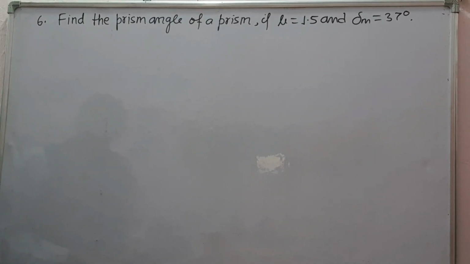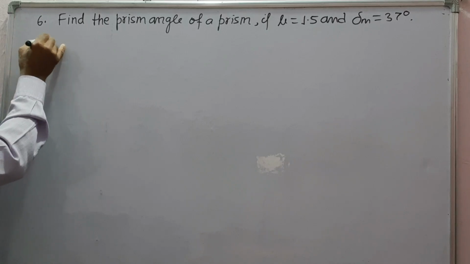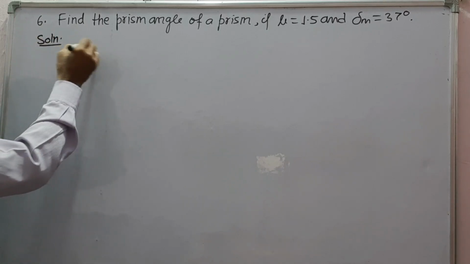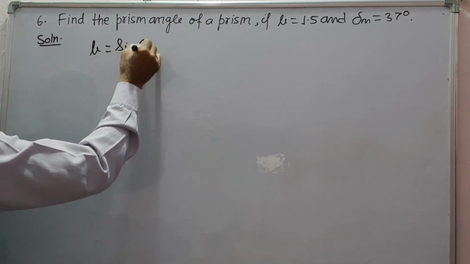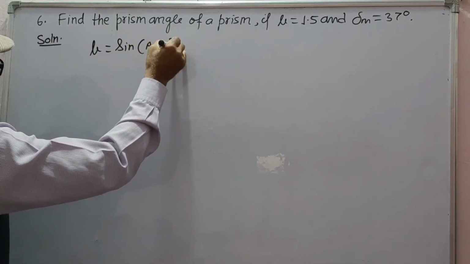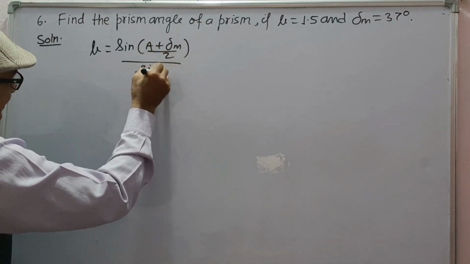Next, question number 6. Find the prism angle of a prism if refractive index mu is equal to 1.5 and the angle of minimum deviation delta m is equal to 37 degree. Solution. We know mu is equal to sin of A plus delta m by 2 upon sin A by 2.